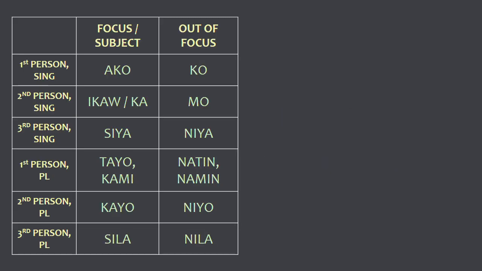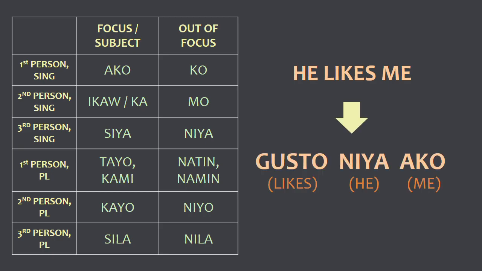Now, going back to my example at the beginning, he likes me when translated in Filipino is gusto niya ako. You know how in English, almost always, the person doing the action is the subject in the sentence, right? Well, that is not the case in Filipino. In Filipino, sometimes the object or the receiver of the action becomes the subject of the sentence.